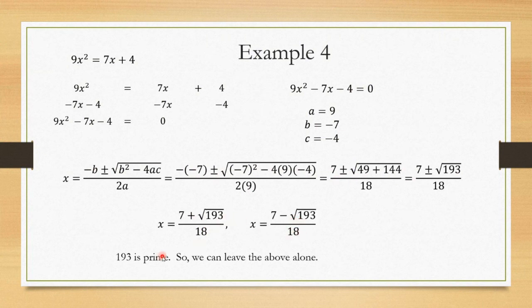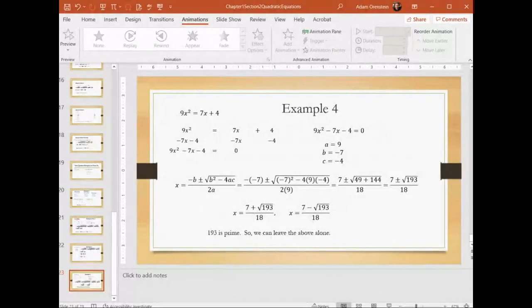It turns out 193 is prime, meaning its only factors are 1 and itself, and it's not a perfect square, so you can leave it alone. On an exam, you don't have to simplify something like this, because determining the factors of something like 193 would be kind of tricky. It's not terrible, but it's not the point of the problem, I think. Any questions on this? Okay, so we're out of time.